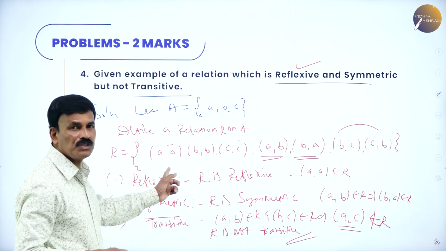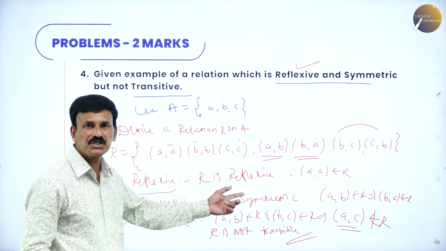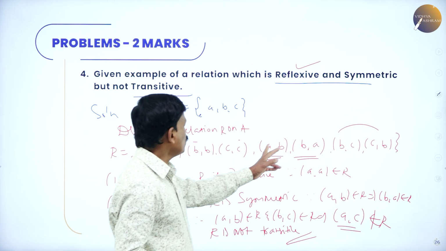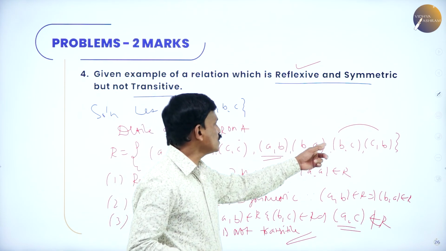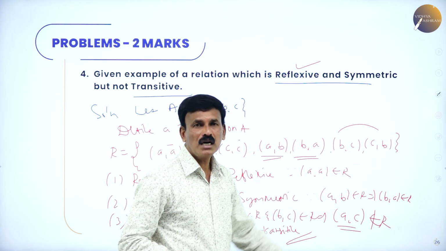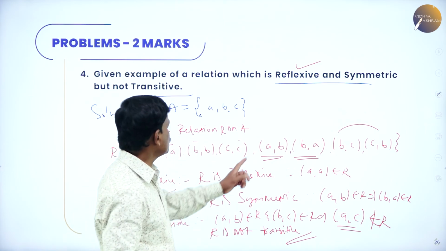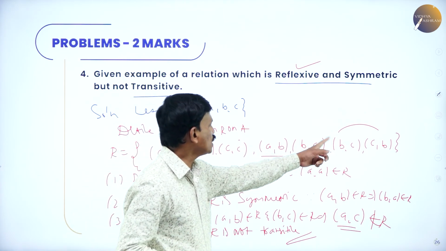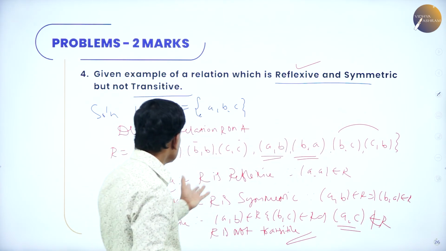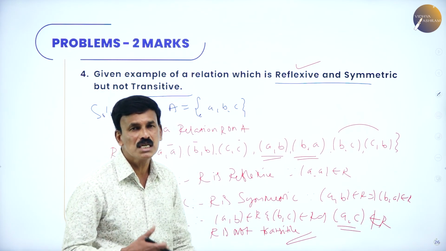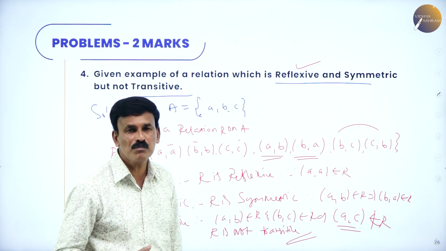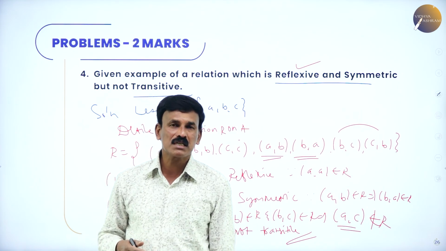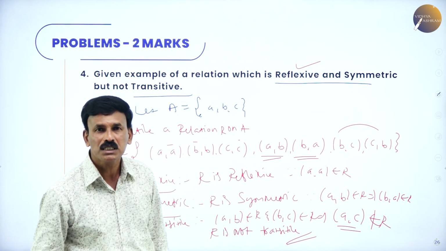See, reflexive: A comma A, B comma B, C comma C belong to R. Symmetric: A comma B implies B comma A, and B comma C implies C comma B. And not transitive because A comma B belongs to R, B comma C belongs to R implies A comma C does not belong to R. Hence, it is an example for a relation which is reflexive, symmetric but not transitive.